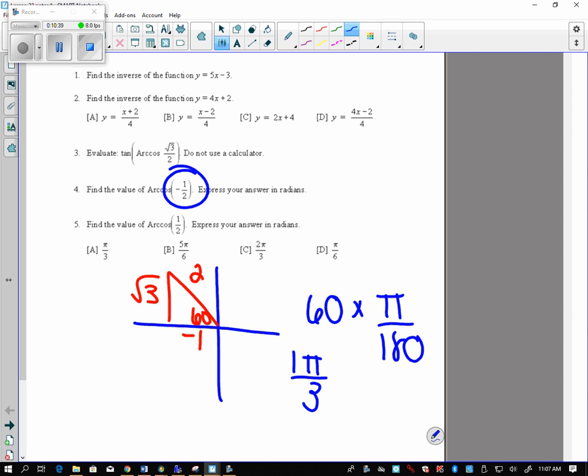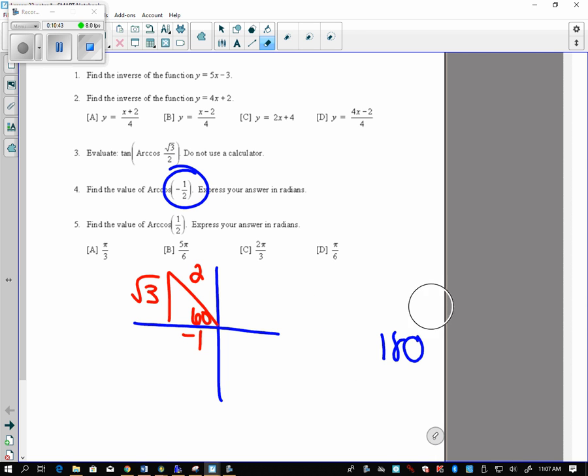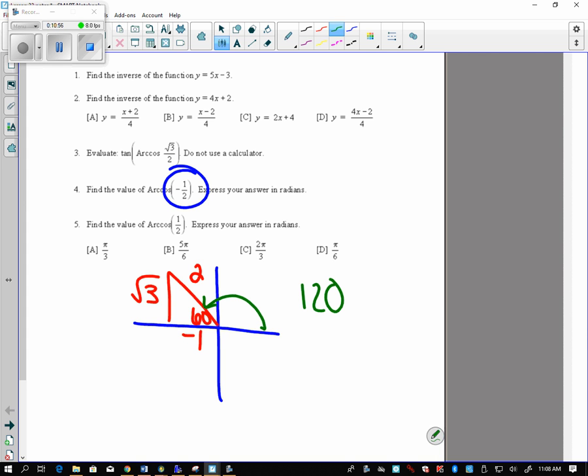Oh, I think I understand why. I understand why it's 2 pi over 3. Because we're not really doing 60. Because if we're doing 60, all I would know about is that I was in the first quadrant, right? Okay? We want to know the true angle to get there, right? Which is 120 degrees, right? So that's 120 times pi over 180.